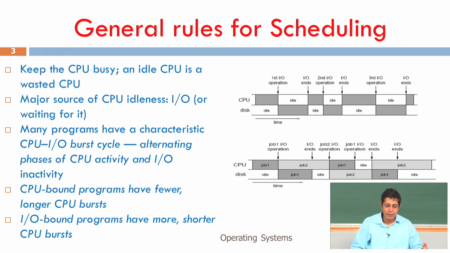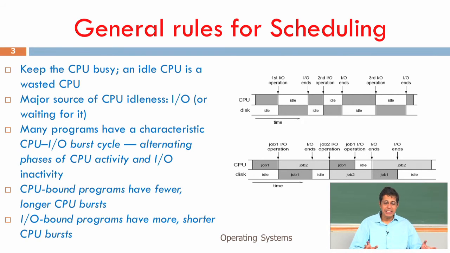When the first I/O ends, the CPU starts working again till the second I/O operation, and in that period the disk is idle. Again the disk starts the second I/O operation, and till it ends the CPU is idle, and so on and so forth.